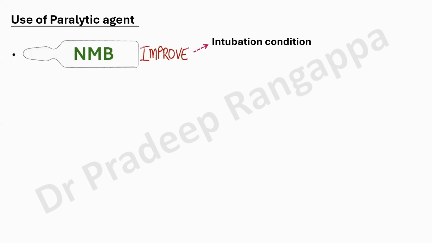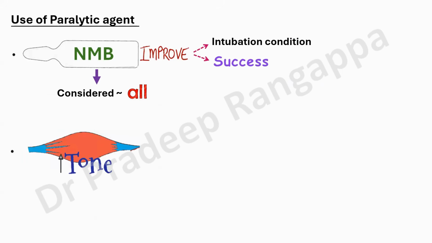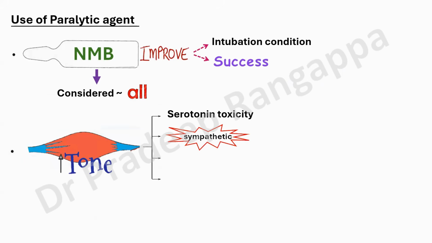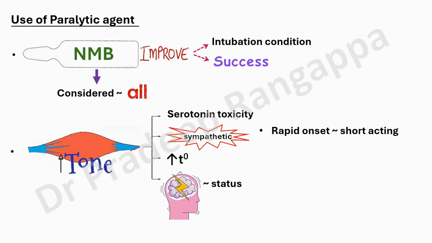And when you talk about paralytic agents, the suggestion is that neuromuscular blockers improve the intubation conditions and improve the success rate. Neuromuscular blockers should be considered in all intubations in toxicity. When there is hypertonicity because of serotonin toxicity or sympathomimetic drugs or hyperthermia or status epilepticus, one has to use muscle relaxants, which will increase the success and ease of intubation.